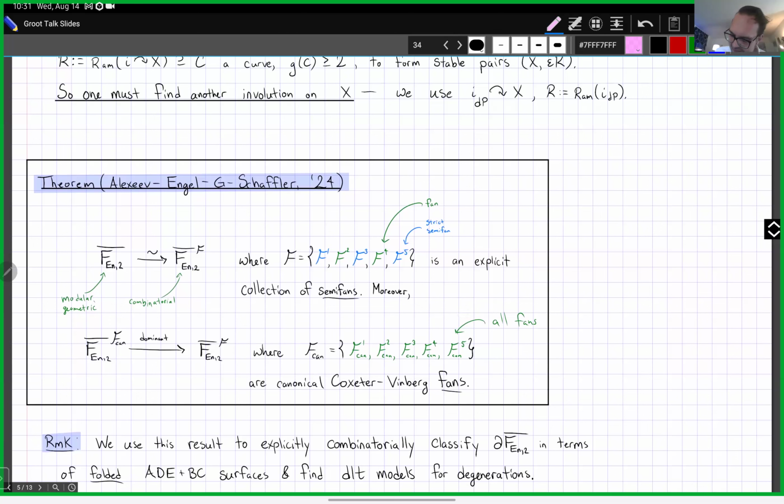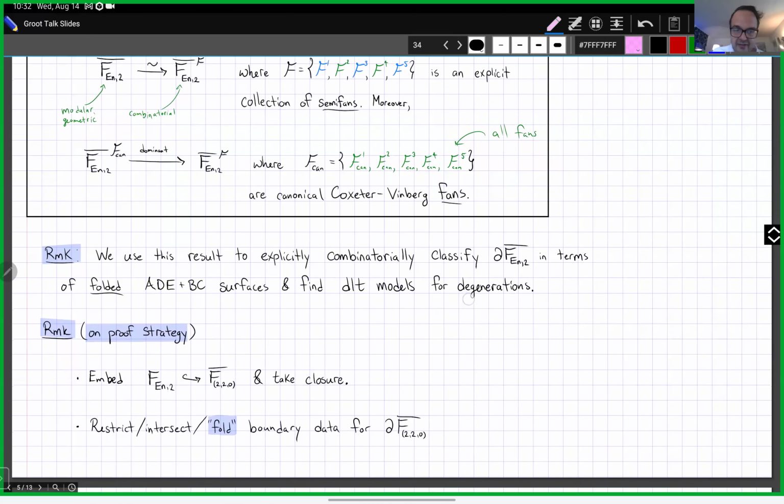Moreover, we show that there is a choice of canonical fans that you can choose, these Coxeter-Winberg fans, and that there's a dominant morphism if you take the associated semi-toroidal compactification onto the semi-toroidal compactification we have from above. So in some sense, we've related to a canonical toroidal compactification, and then we show that there's an isomorphism with the stable pair compactification. And we use now this fact to describe the boundary of the stable pair compactification.